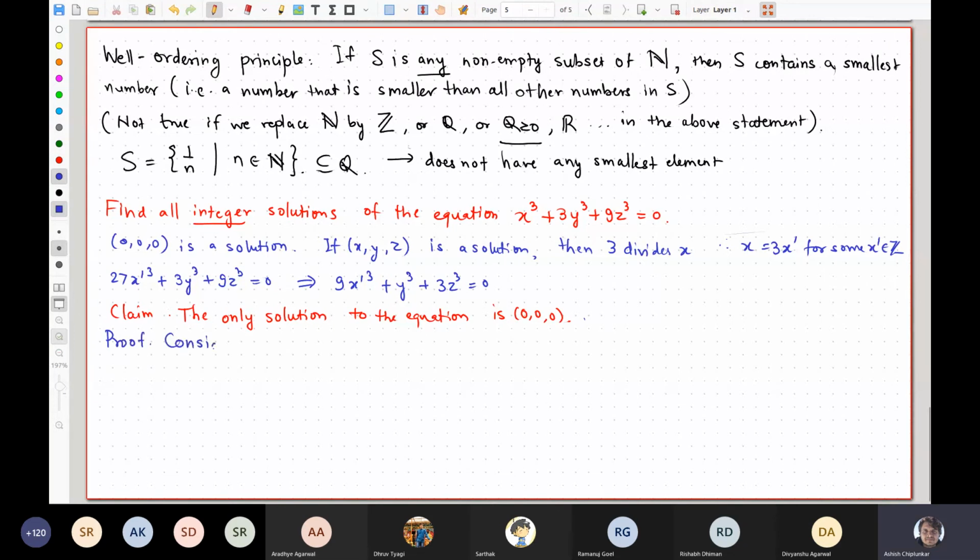Consider the set. Okay, so what set should I use? S is equal to, let's say, I hope this works, 2 times the absolute value of x plus 3 times the absolute value of y plus 4 times the absolute value of z, such that x, y, z is a solution of the equation, which means x, y, z is in Z cross Z cross Z, and x cubed plus 3y cubed plus 9z cubed is equal to 0.